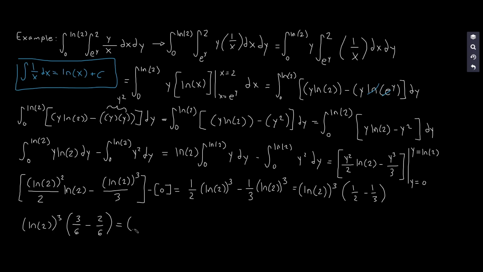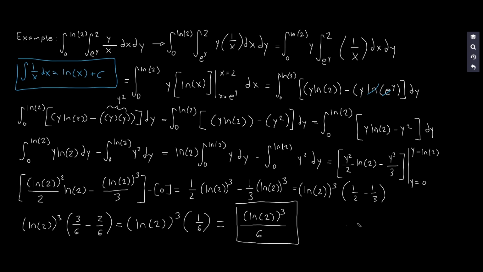That equals the natural logarithm of 2 cubed times 1/6, I think. Then I can combine these and put this over 6: the natural logarithm of 2 raised to the power of 3 over 6. That's going to be my answer for this. So that's how you would do that.